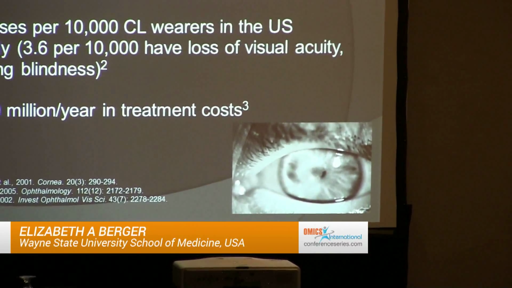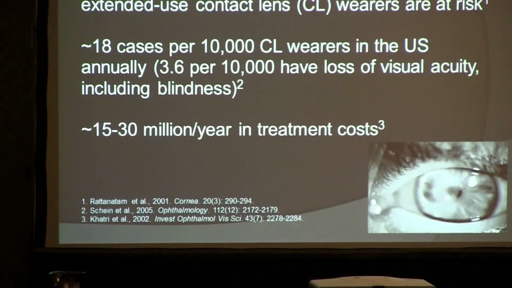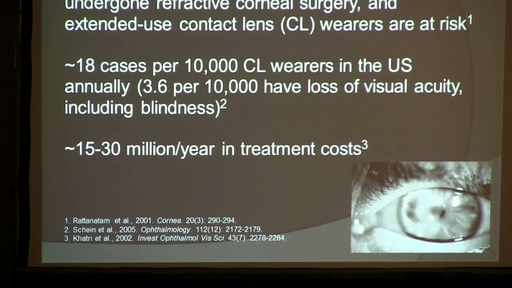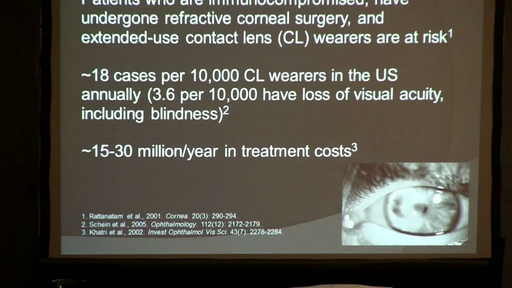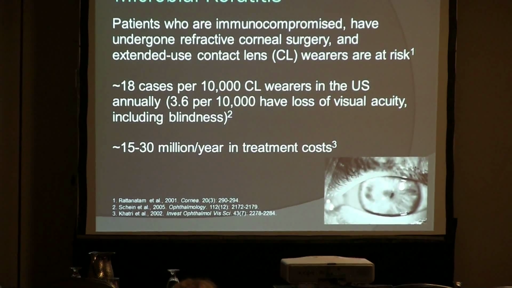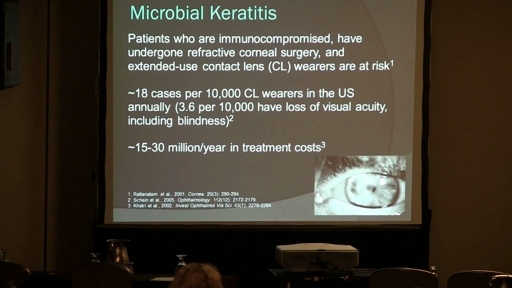Bacterial keratitis primarily affects extended use contact lens wearers, as well as those who have undergone refractive corneal surgery and patients who are immunocompromised secondary to conditions such as diabetes, alcoholism, malnutrition, and steroid use. In 2005, it was reported that there were 18 cases of microbial keratitis for every 10,000 contact lens wearers in the United States.